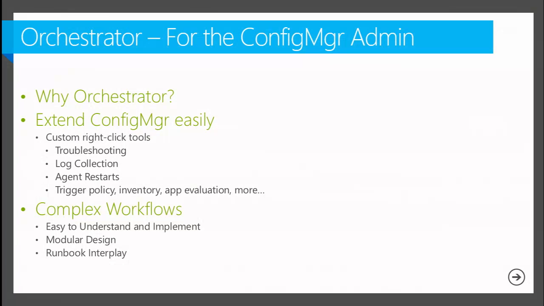All right, now, in terms of why Config Manager, you can easily use Orchestrator to extend Config Manager. I think of it in kind of two buckets. Everyone loves right-click tools, right? I've stayed away from them for years because I just don't have time. I want to use the tool natively, but everyone I know uses right-click tools. Well, how cool would it be for you to build your own right-click tools to do some of the common tasks that you do anyway and just automate those?